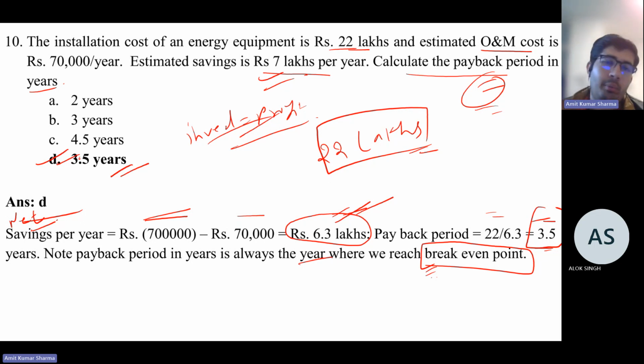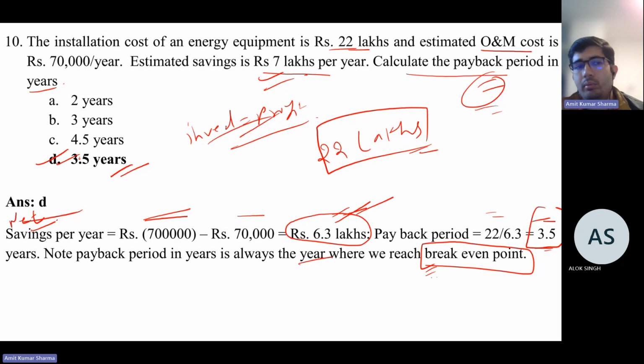Because suppose before 3.5 years you had invested this money into the share market, or into an FD or any bonds or anything, maybe you will get a return of 8%, 7%, or 6%, some return. So that return shows that your 22 lakhs has increased to maybe 25 lakhs in 3.5 years.